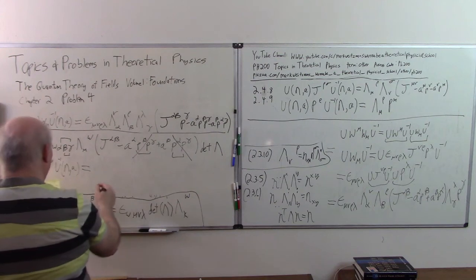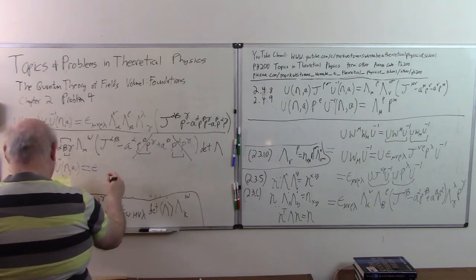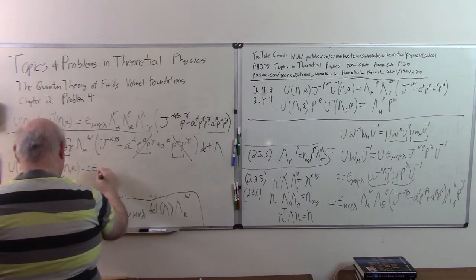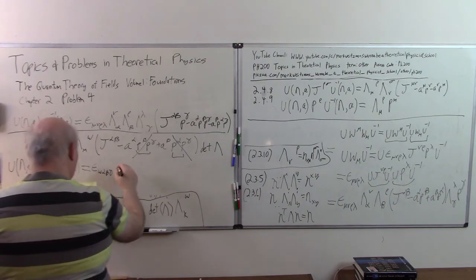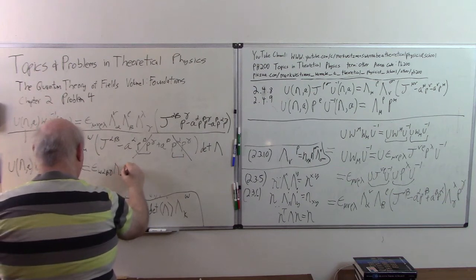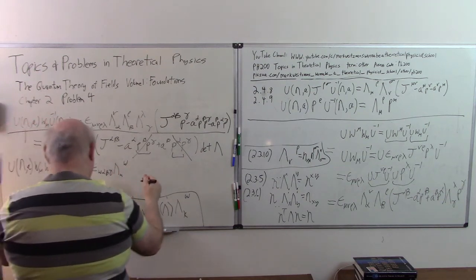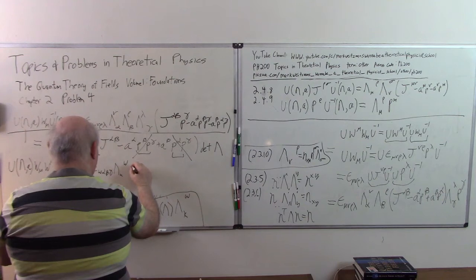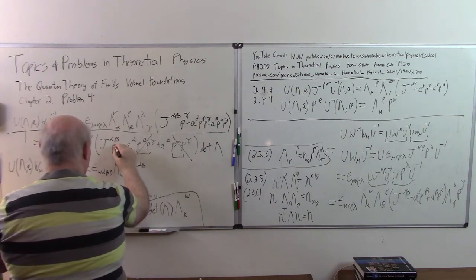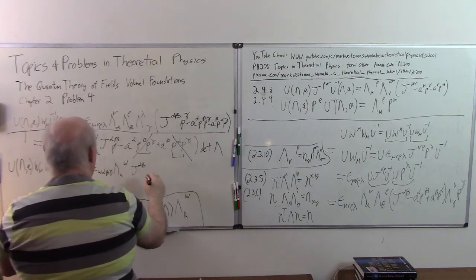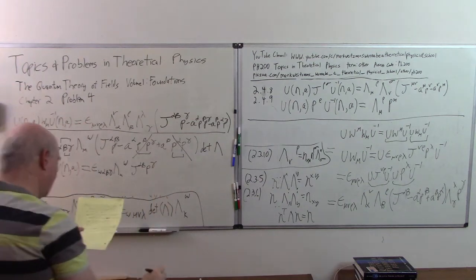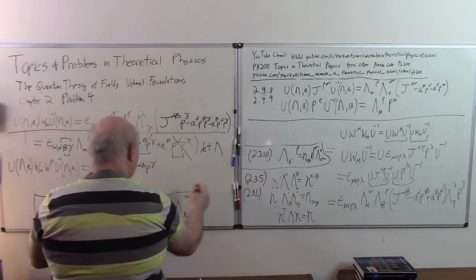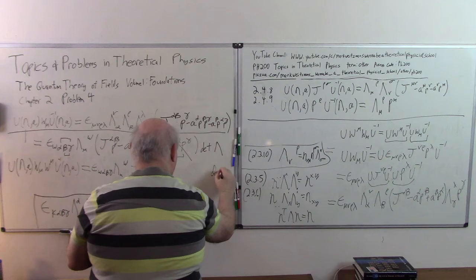So what we get is epsilon omega alpha beta gamma, just like we have here, lambda mu omega, j alpha beta. I left out that p gamma again. J alpha beta p gamma. There's a determinant of lambda. I'm going to put this on the end.